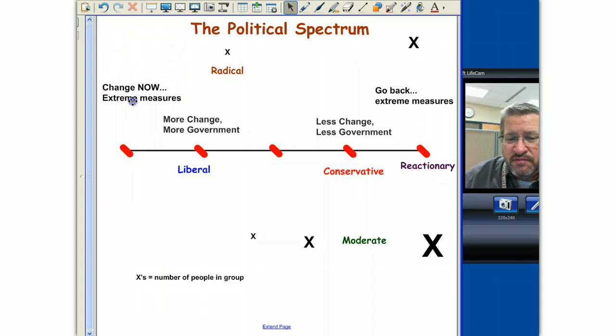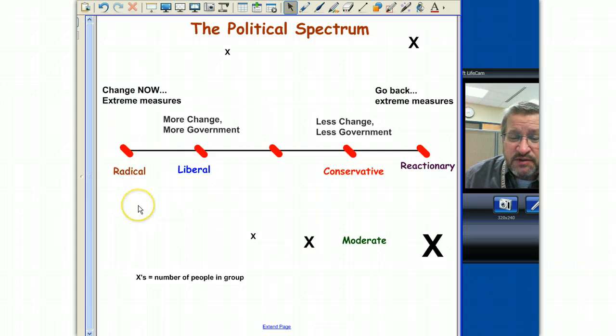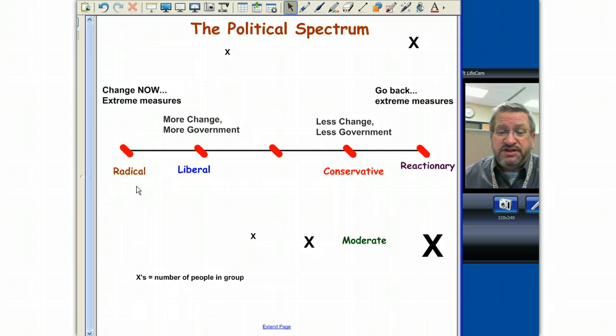And those who are very far on the left side of the political spectrum are known as radicals. Radicals want change, and they want change now, and are usually willing to go to extreme measures in order to achieve those changes. So as you can see, the more you get to the left or right on the political spectrum, the more extreme they are in their views.